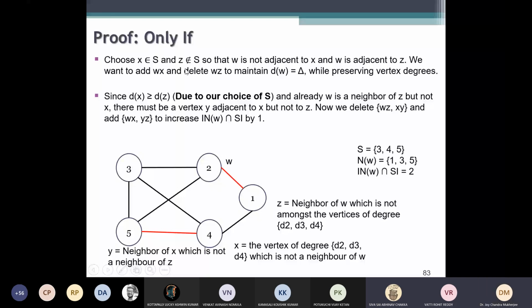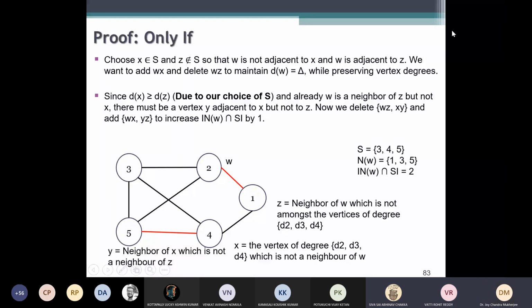And also we have to choose a Z which doesn't belong to S. So 3, 4, 5 belong to S, which means the vertex 1, which is adjacent to W, doesn't belong to S. Okay. So basically this is my Z. Z is 1 and X is 4.